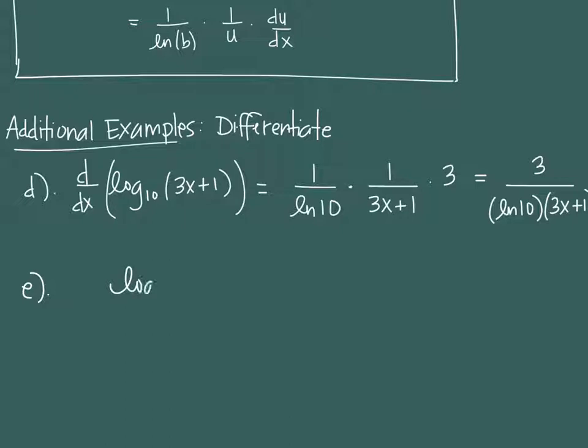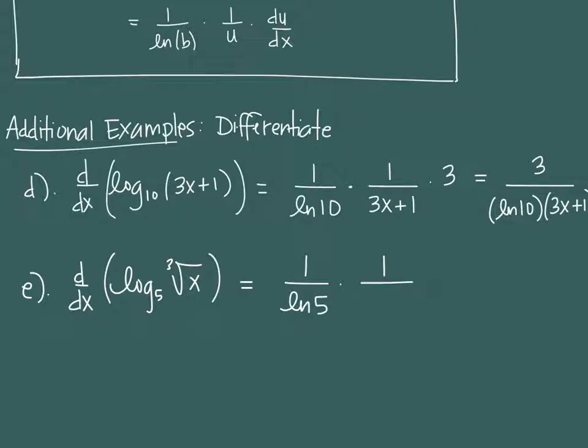And so if you're taking the log base 5 of the cube root of x, and you want to take the derivative of that. Since it's not a natural log, but it's another log, we would have 1 over the natural log of the base of 5.